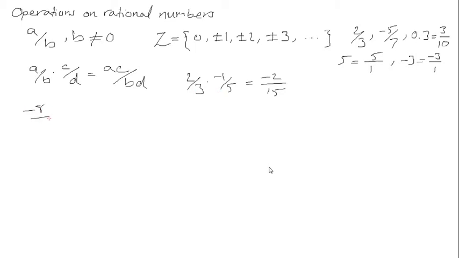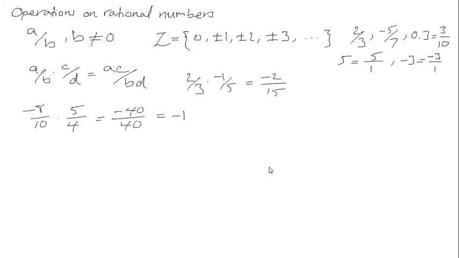Negative 8 over 10 times 5 over 4. So you can do negative 8 times 5, negative 40, and 10 times 4, 40. Negative 40 over 40 is negative 40 divided by 40. That gives me negative 1.